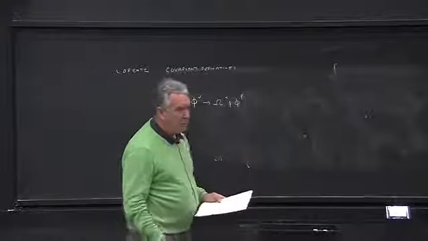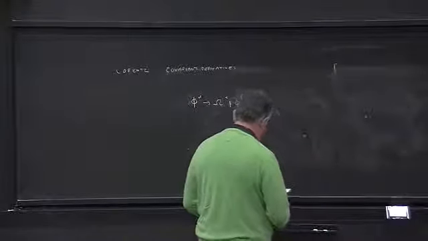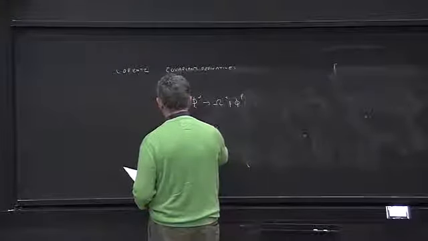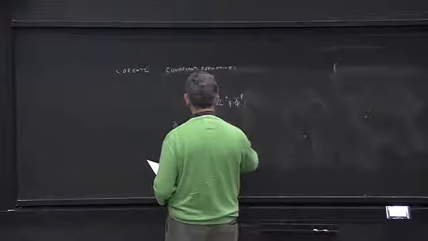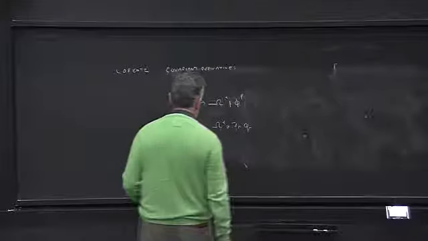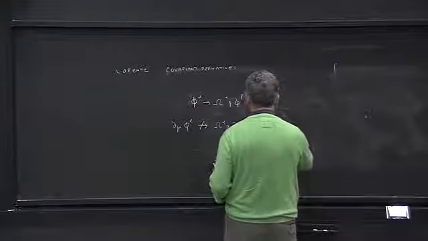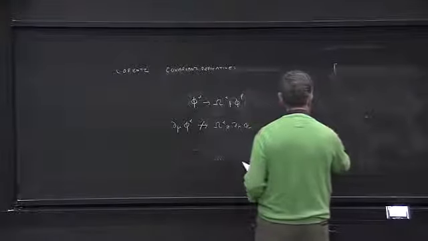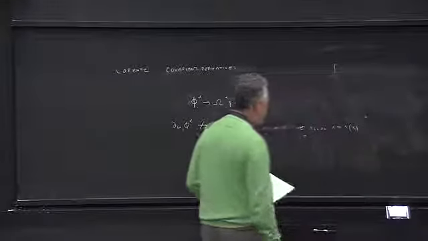Could be anything. Could be scalar, spinor, vector. Look, d mu phi alpha does not transform as omega alpha beta d mu phi beta, because we're now allowing lambda to be a function of x, if you remember.